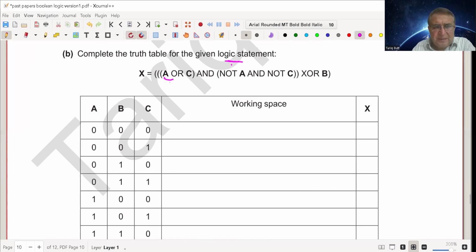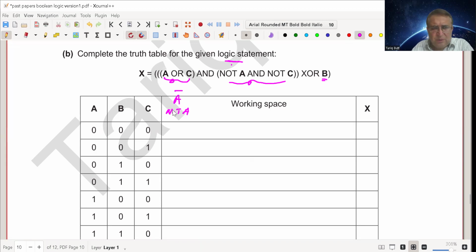So let's say this sub expression is A or C, and not of A and not of C, and then XOR this with B. First of all, you can see there is not of A and not of C. So you can draw the column of not of A. You can write down A prime, or you can write down not of A as well. So not of A, which is A prime in fact, fine.